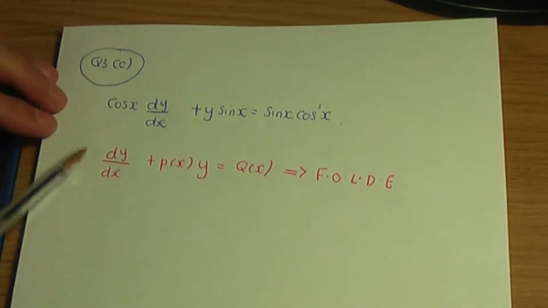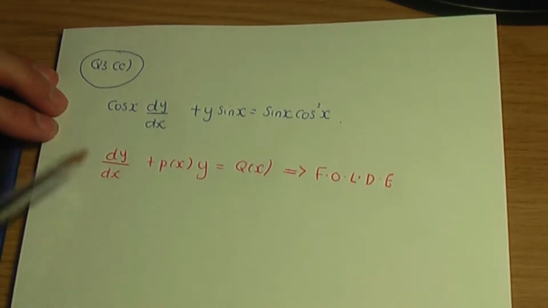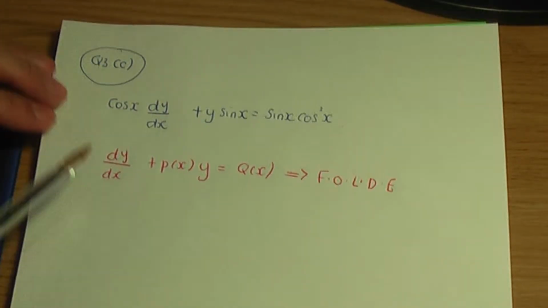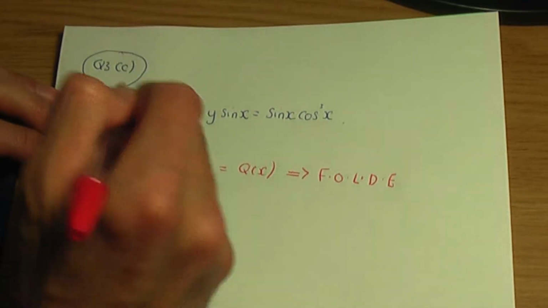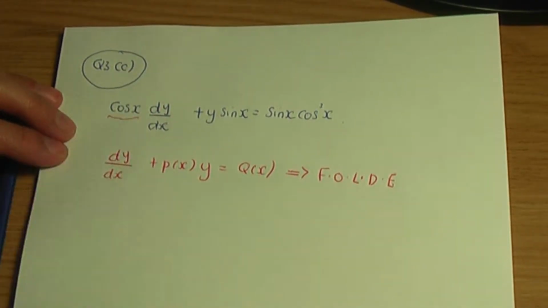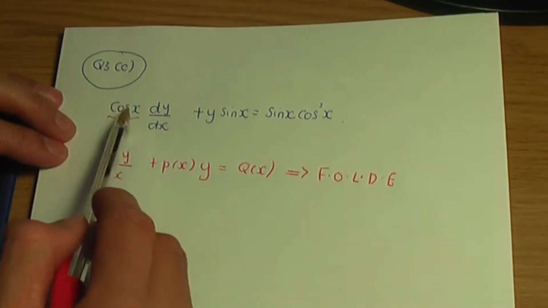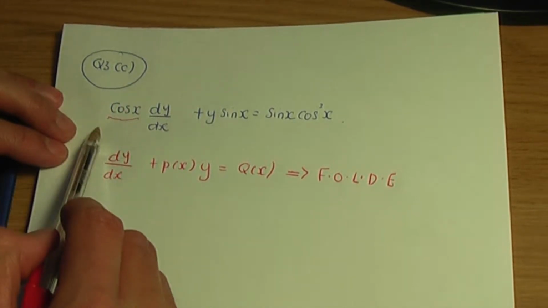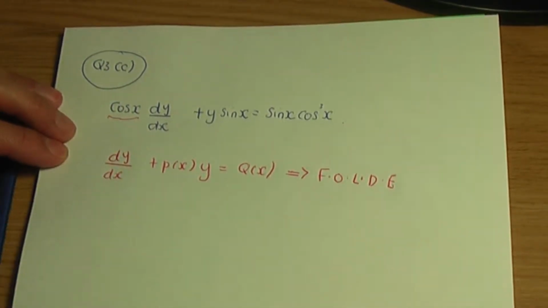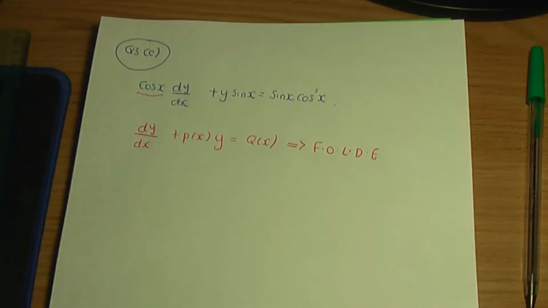Now, first of all, it doesn't look as if it's quite a first order linear differential equation because you have a cos x term as a coefficient of dy over dx, but we can get rid of this cos x term in order to make it a first order linear differential equation. So let's do that.